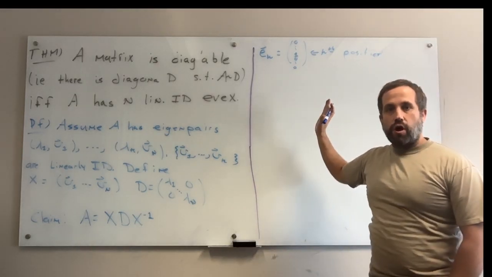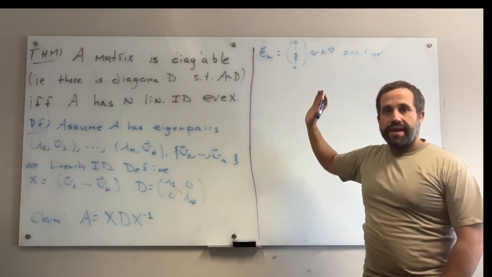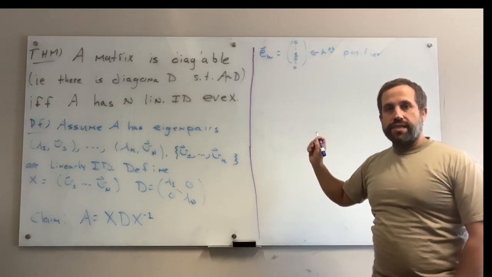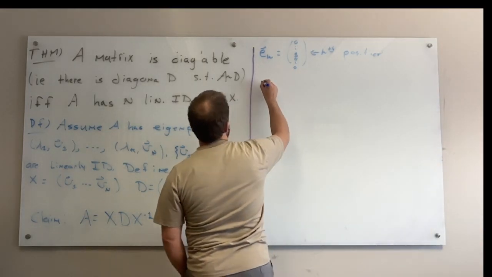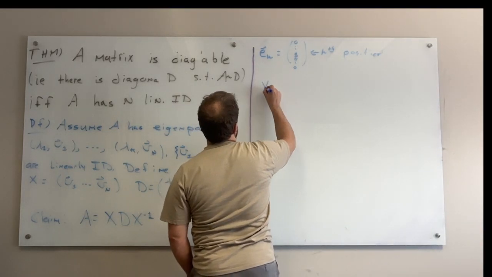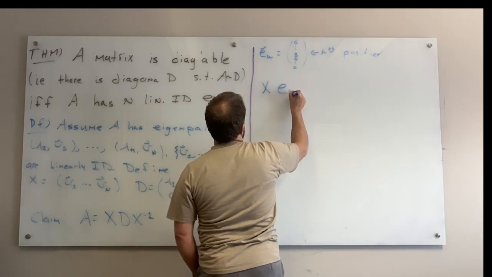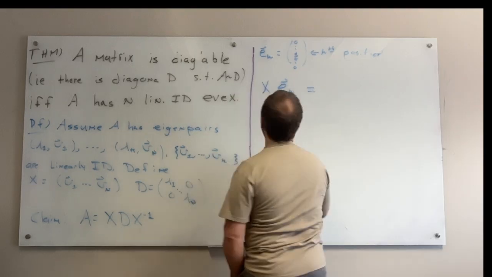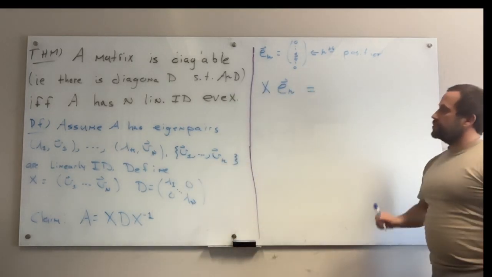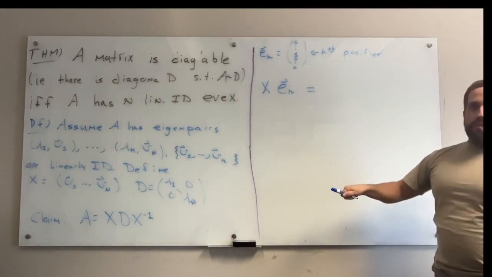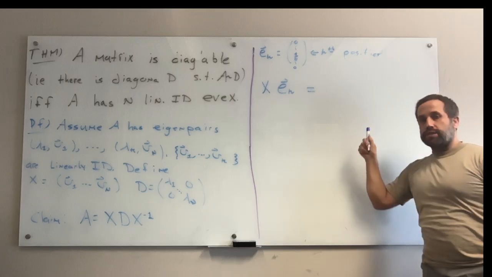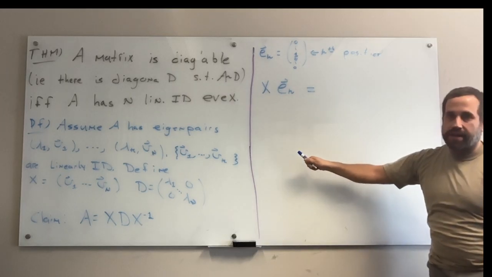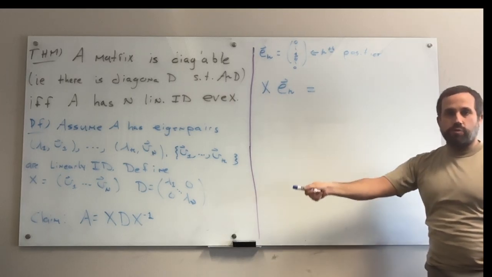Notice that X times e_k is 0 times the first column of X, plus 0 times the second column, plus dot dot dot, plus 1 times the kth column of X, plus 0 times the (k+1)th column, and so on.